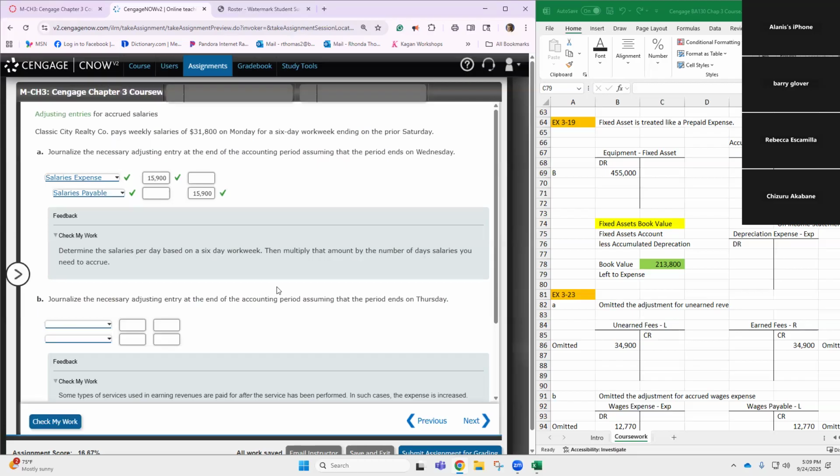Anybody need help? 4 times my daily amount is 21,200. I'm going to put 21,200 for my B, so this is A, this is B. And then 21,200. All right, so let's put that in.